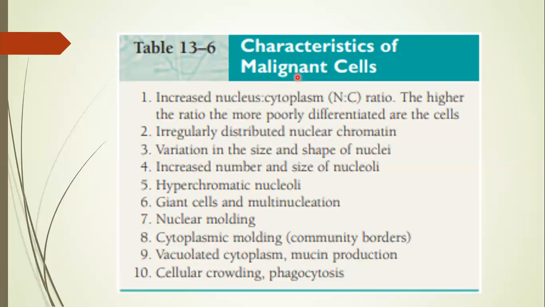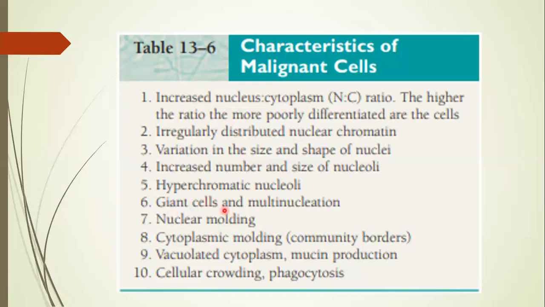These malignant cells usually come in different sizes and shapes, and the presence of nucleoli would mean that these cells are actively dividing. Since the chromatin is irregularly distributed, you more or less see hyperchromatic nucleoli and giant cells.